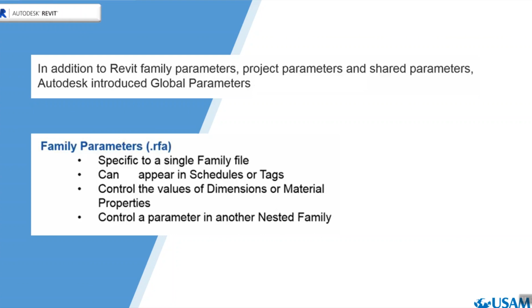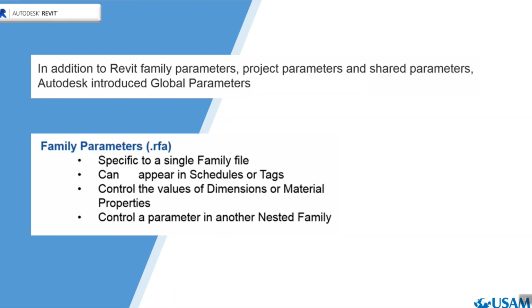If I add a material parameter or a visibility parameter, it works only for that particular library, and the dimensions like width or depth are applicable only for that library. I can also take it to nested families, a library inside a library.